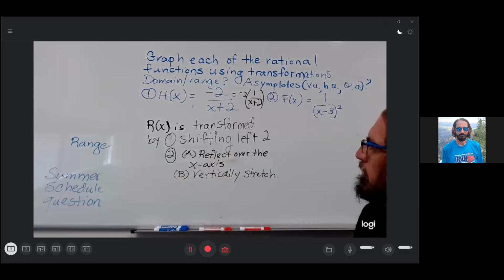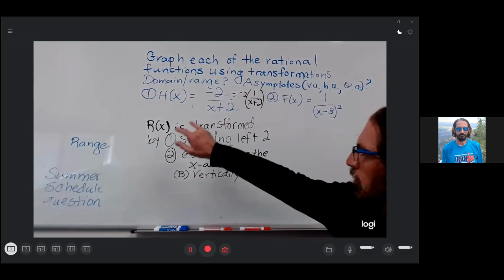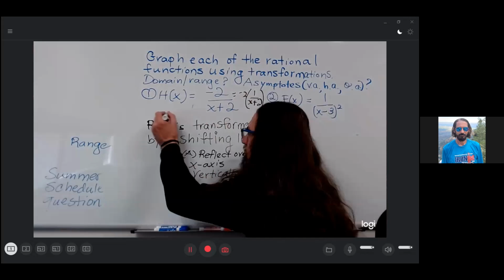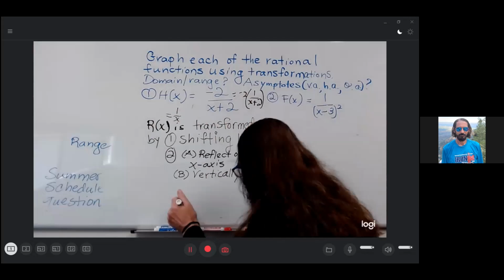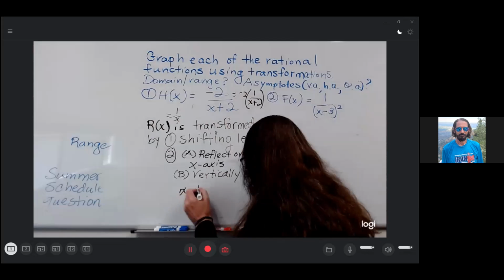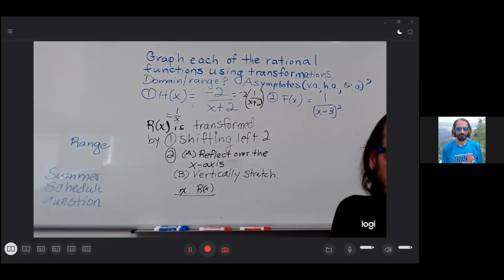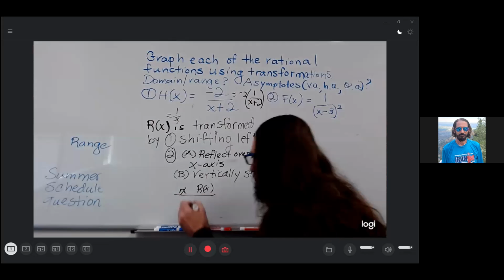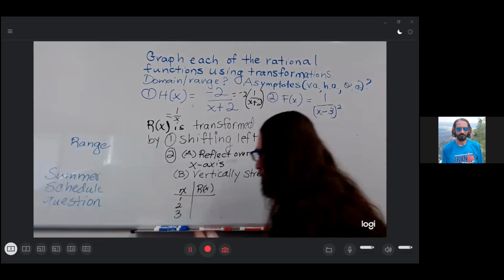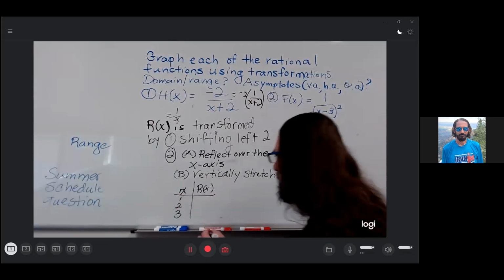So if we had started with the reciprocal function r of x equals 1 over x, we could put in 1, 2, and 3 and get 1, 1/2, and 1/3.